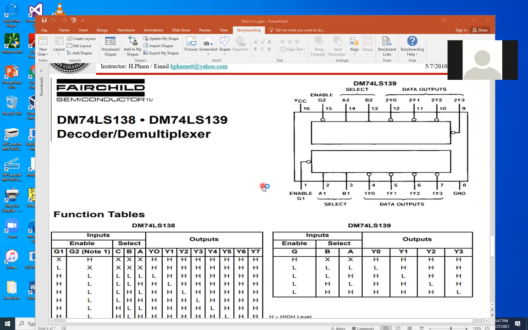The whole IC has 2 parts in it, isn't it? Two different ones. But I'm asking about how many inputs. A and B.